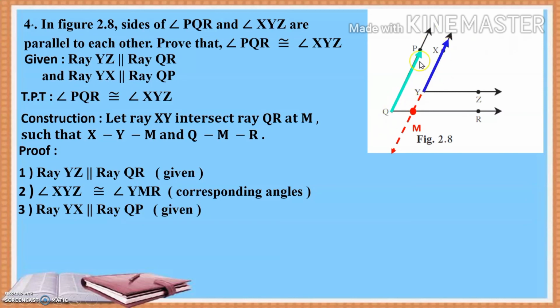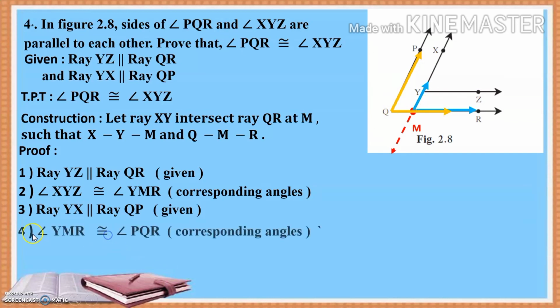When these two rays are parallel, we get that angle YMR will be congruent to angle PQR. Why? Again, because they are corresponding angles. So we write angle YMR congruent to angle PQR, corresponding angles.